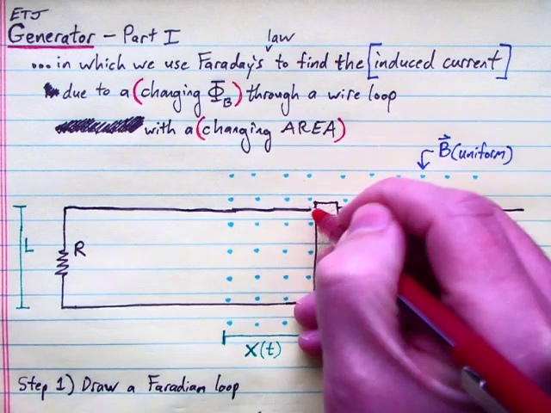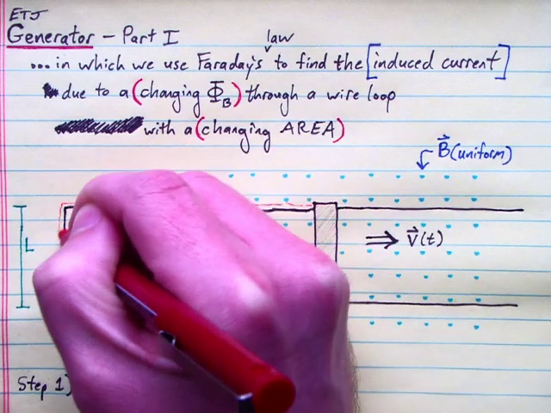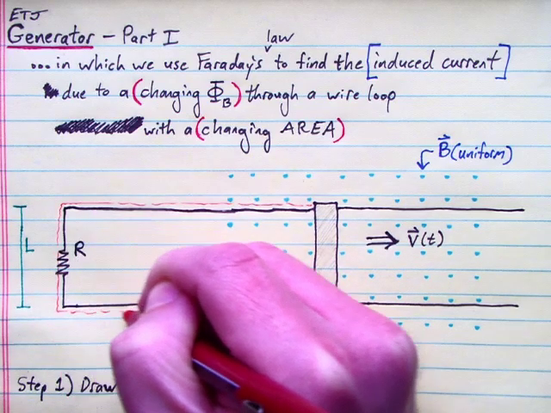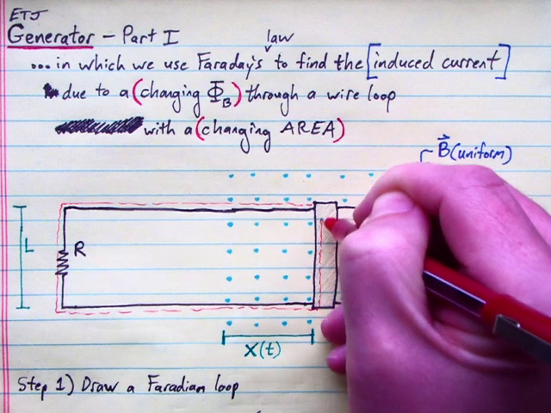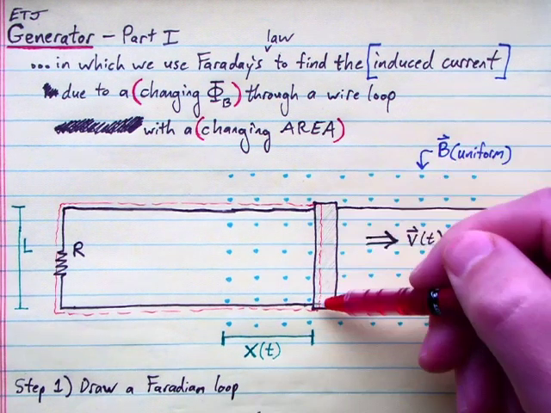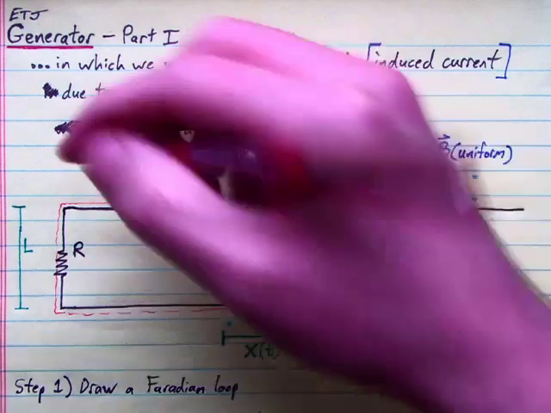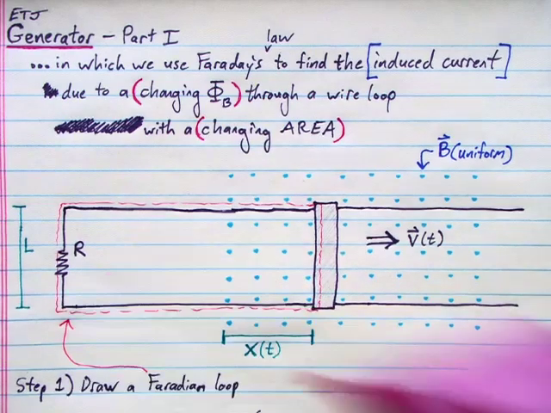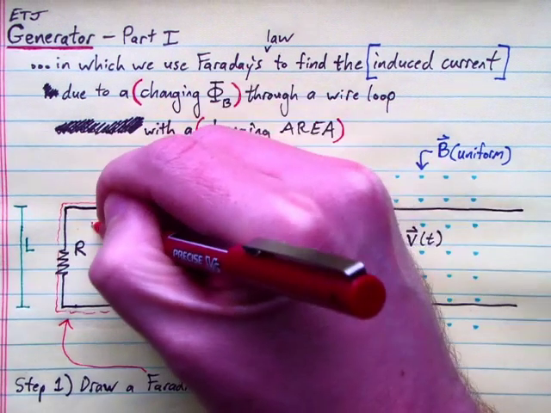Let's have our loop just run around what we see here could potentially be a circuit. So through this conducting bar and along this conducting wire here, that's our Faradian loop. And we use the right-hand rule to get our dA vectors.